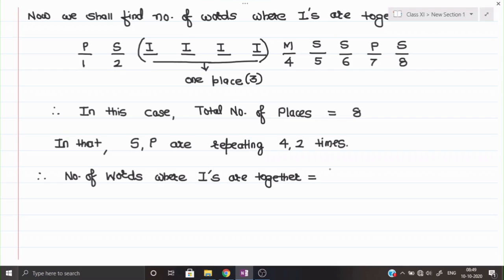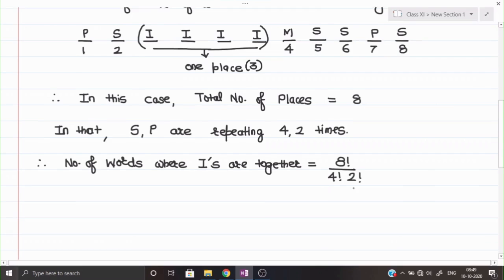Only 2 letters are repeating, so I am not talking about r. So what is the value of n here? The value of n is factorial 8 upon factorial p is factorial 4 into factorial 2. Okay, so now see, we found the number of words where I's are together.